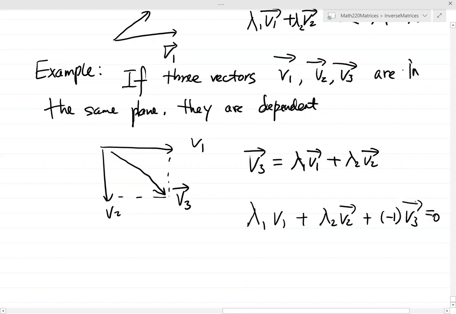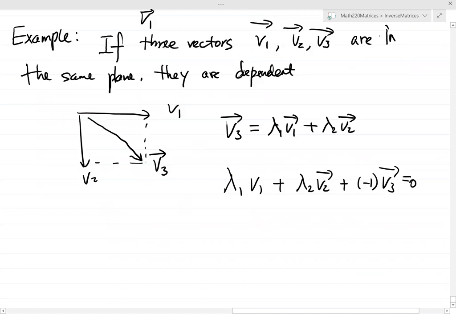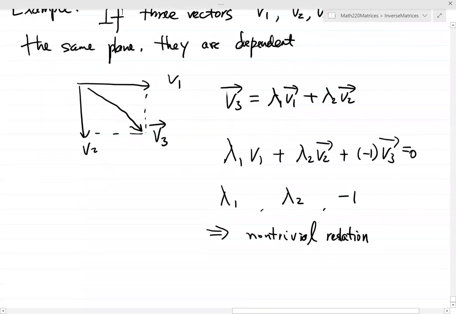So you have a non-zero solution: lambda 1, lambda 2, and negative 1. This linear combination gives the zero vector. This is a non-trivial solution, a non-trivial relation between V1, V2, V3, which means they are not free. They are actually dependent on each other.